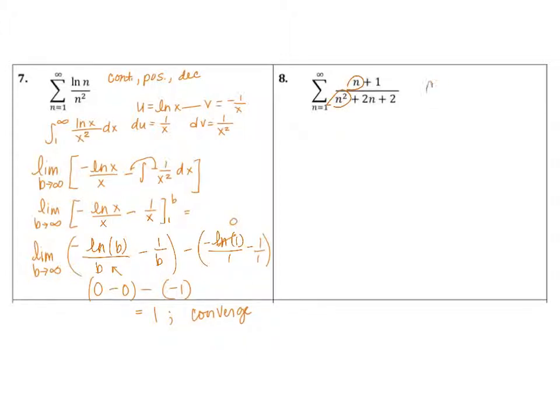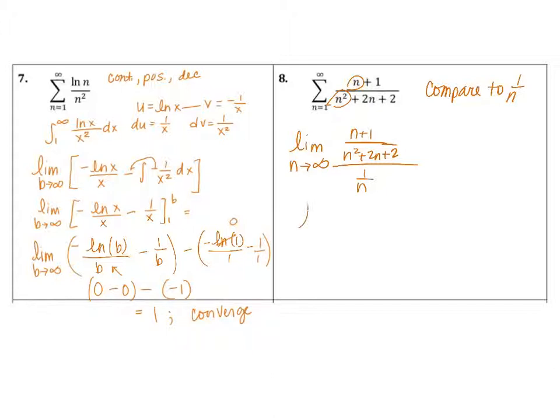So it looks like I need to compare this to 1 over n, which is divergent. So if our limit ends up being positive and finite, we're in great shape. So we're going to look at the limit as n approaches infinity of n plus 1 over n squared plus 2n plus 2, all over 1 over n.